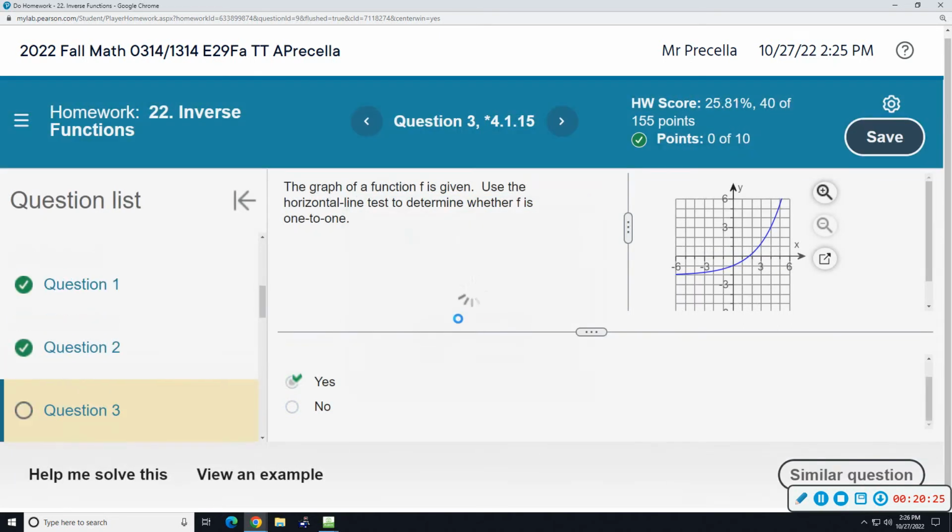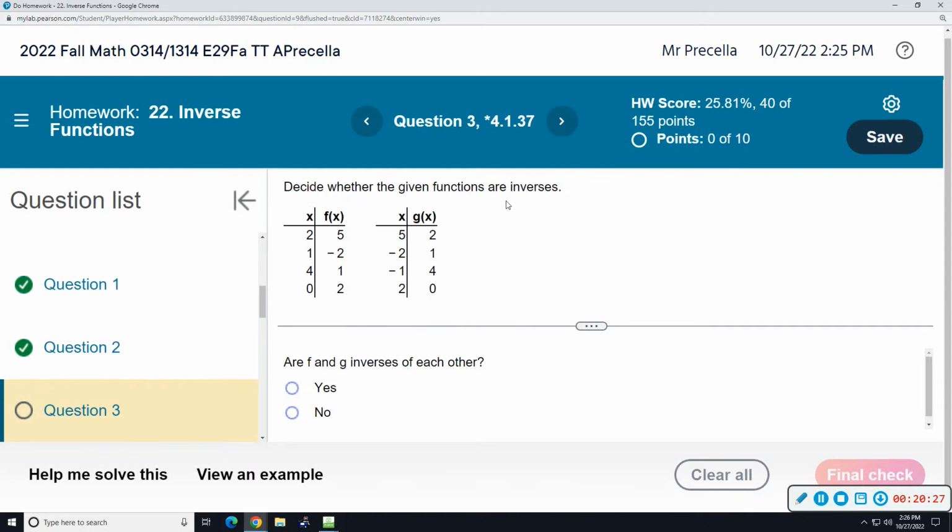Here's some more, just determining whether these functions are inverses, and I think this is something that we can do without showing any work. No, they're not. Notice 2, 5 was reversed to become 5, 2. 1, negative 2 reversed to negative 2, 1.